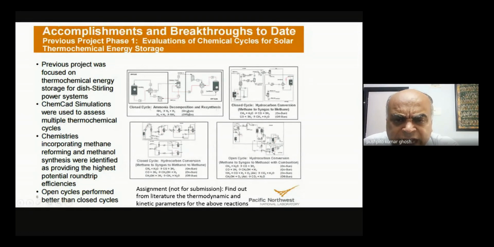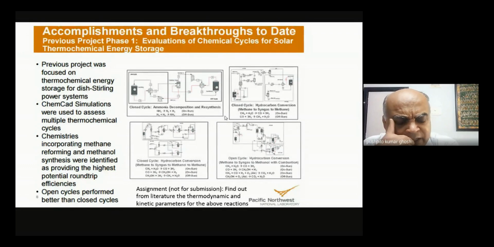What I want you to do is find out the thermodynamic and kinetic parameters for these reactions. What is the thermodynamics and kinetics of ammonia decomposition to H2 and N2, and likewise for methane going to syngas, and what is the thermodynamics and kinetics for the reverse reaction, which is the spontaneous off-sun reactions.